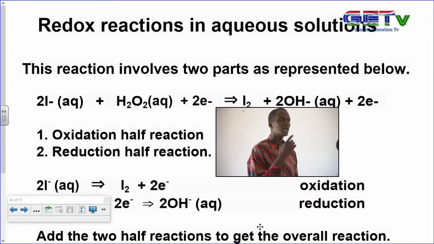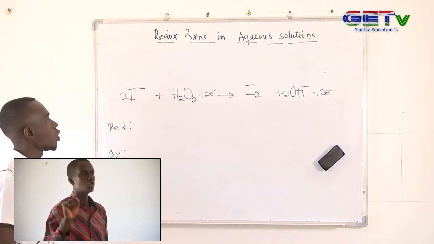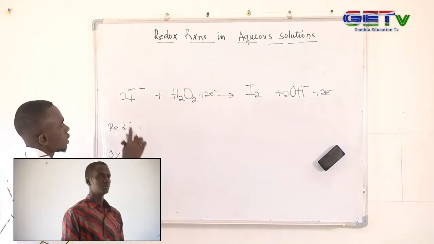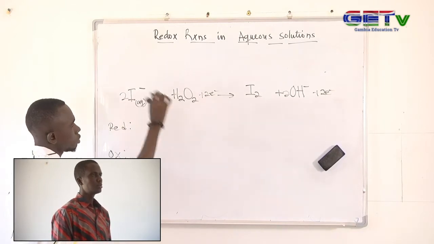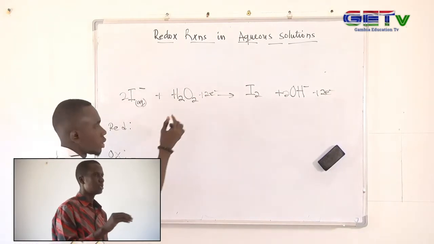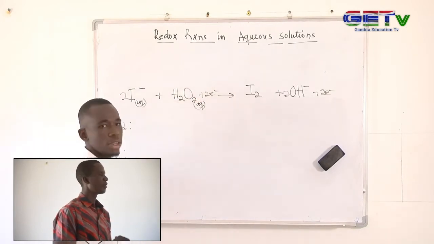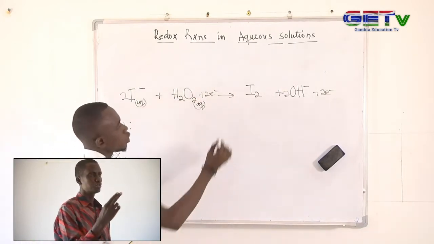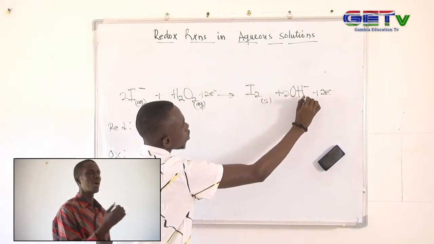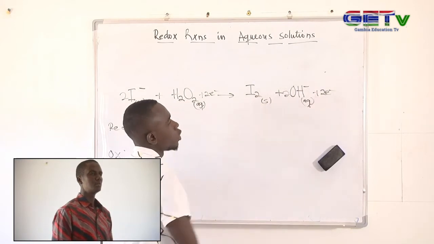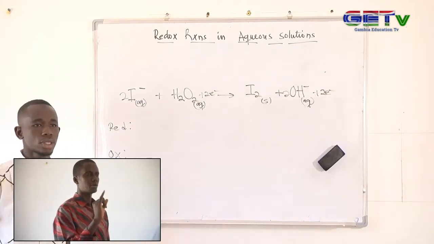Again, red is reduction and ox is oxidation. This is in aqueous solution. We also have hydrogen peroxide in aqueous solution, iodine in the form of a solid, and hydroxyl ions in aqueous solution.